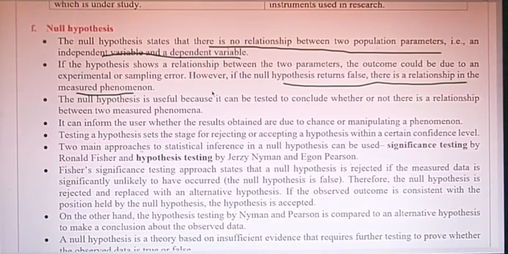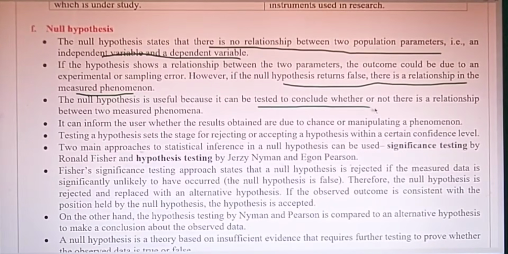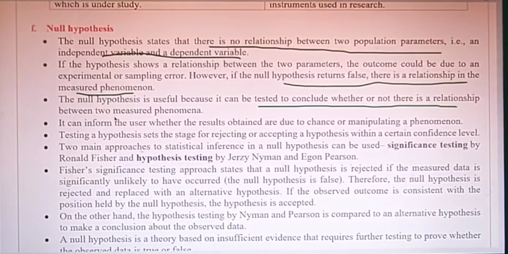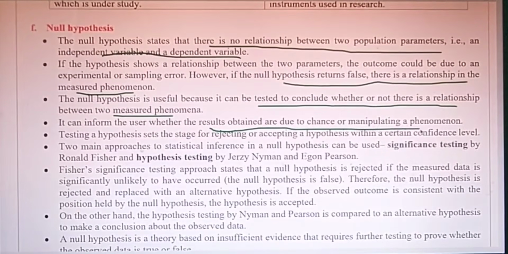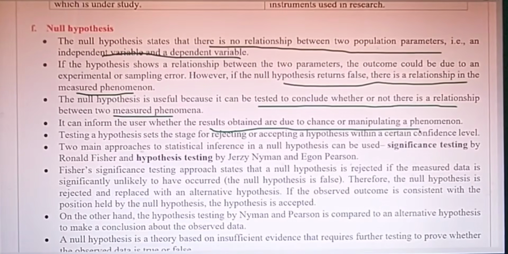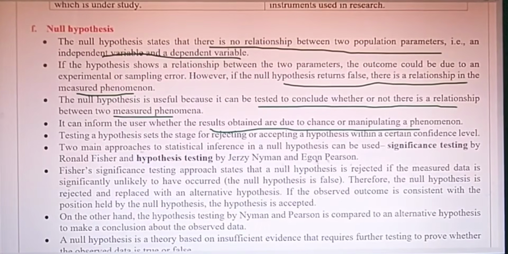The null hypothesis is useful because it can be tested to conclude whether or not there is a relationship between the two variables. And it can also inform the user about the different results obtained due to the chance of manipulating or the phenomena. And there are two main approaches of this null hypothesis.